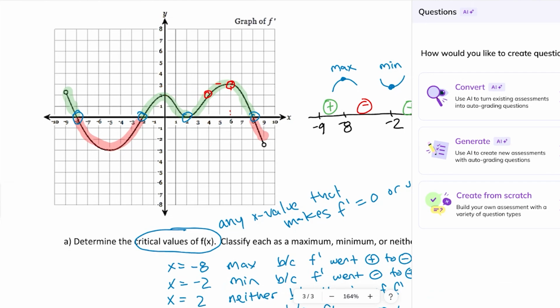Let's clean this up a little bit. So we can see that we've got a relative minimum at x equals negative 5. We've got a horizontal tangent line. We also have one at x equals 0, at x equals 2, and at x equals 6. So let's see if I can remember this.